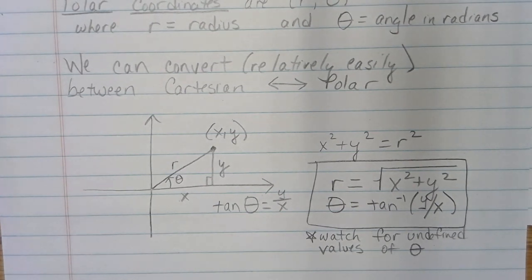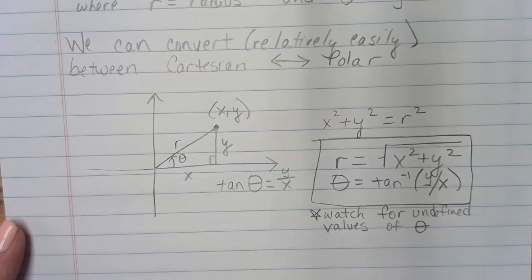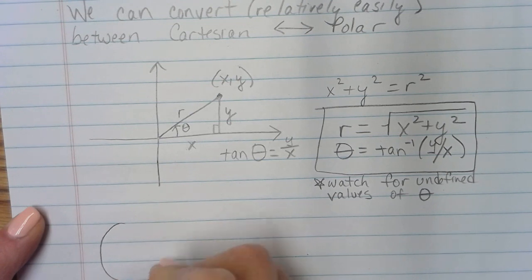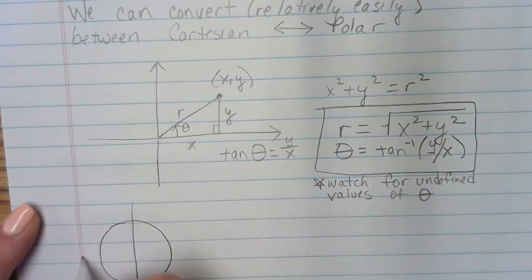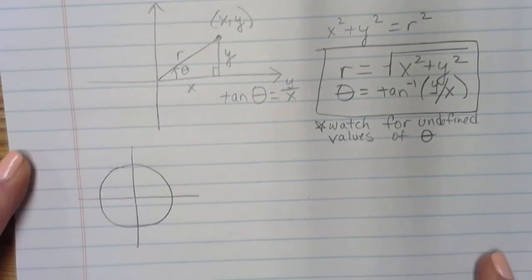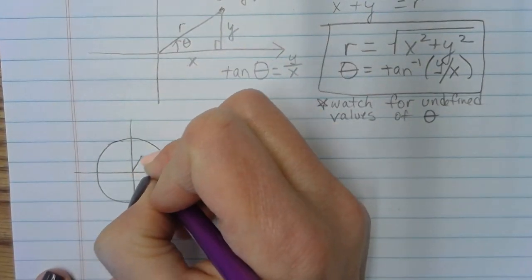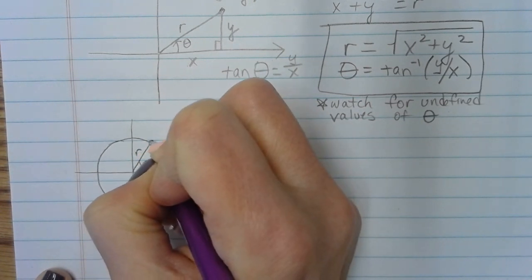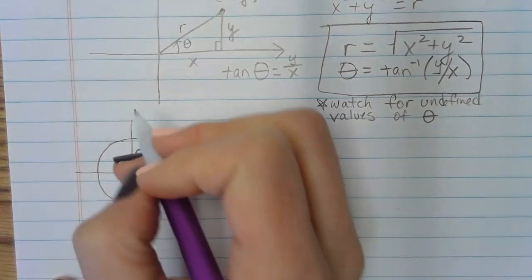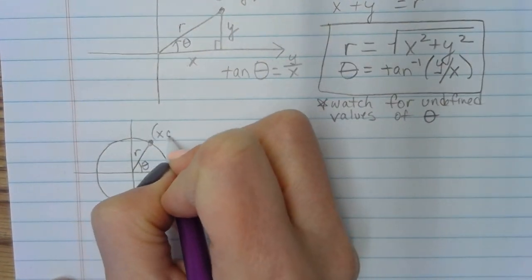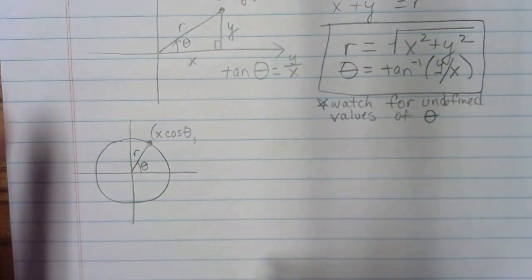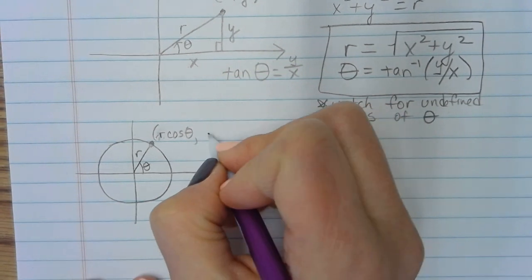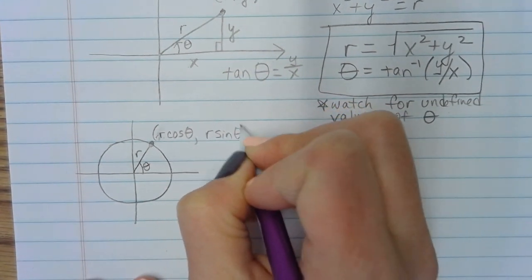Now, going from polar to Cartesian is easier, and you actually already know how to do it. For any circle, if I draw any angle theta, and this is my radius, we know the point out on that circle is r cosine theta, r sine theta.